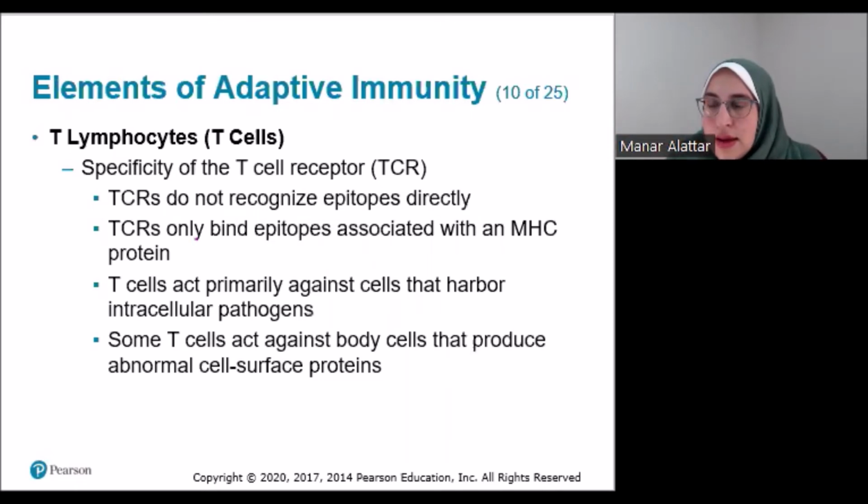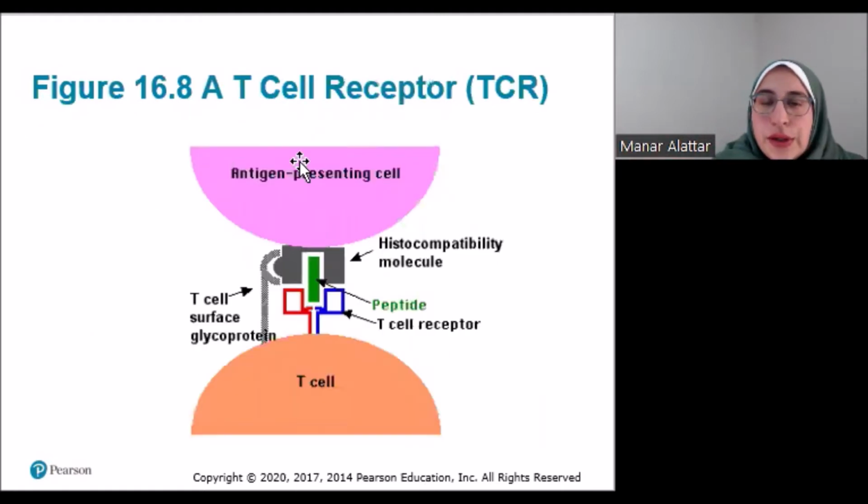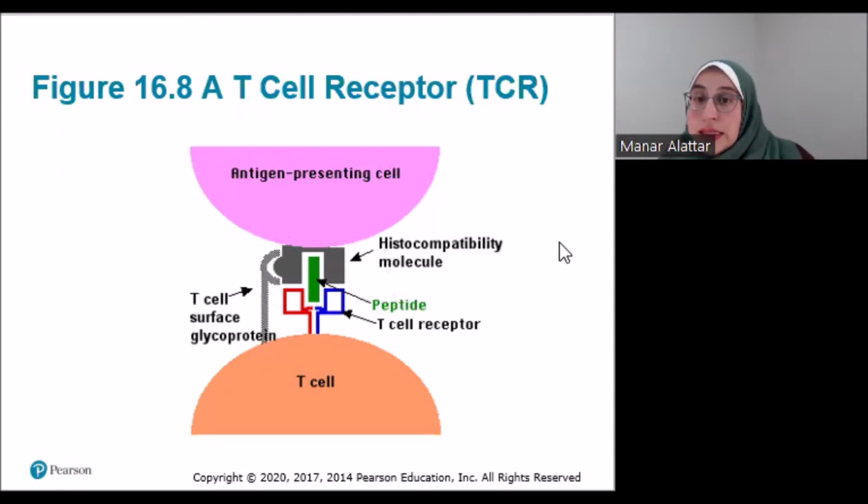When an abnormal complex is detected, that's when the immune system is recruited via the release of cytokines, which are chemicals that essentially say we need more white blood cells in this area, and then the destruction of that cell. So here you see one of the cells of the body presenting an antigen on one of these MHC protein complexes, and then the T cell is recognizing that and will respond to it.